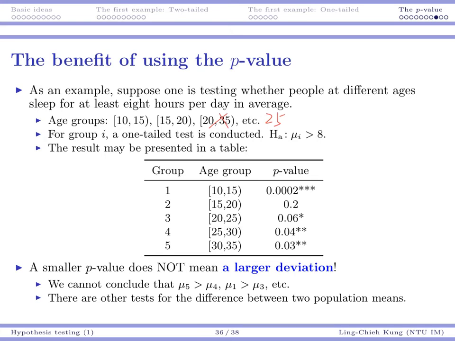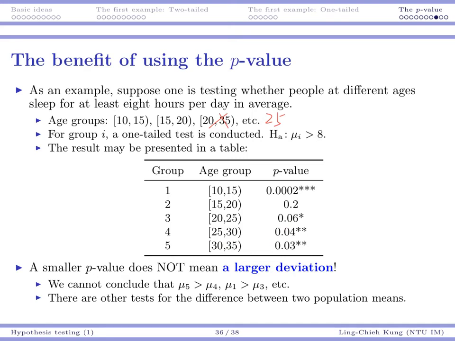You cannot do that. In fact, we have other tests for testing the difference between two population means. So that's something you need when you want to make conclusions like this. But you cannot just do a few single population tests and then compare their p-values.